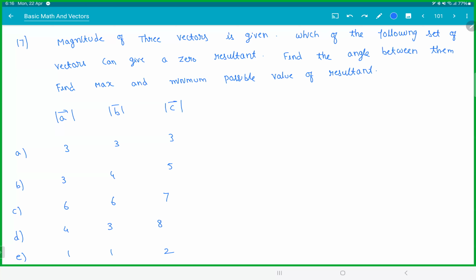Can the second one form a zero vector? Right? Yeah. What are the angles? 90.